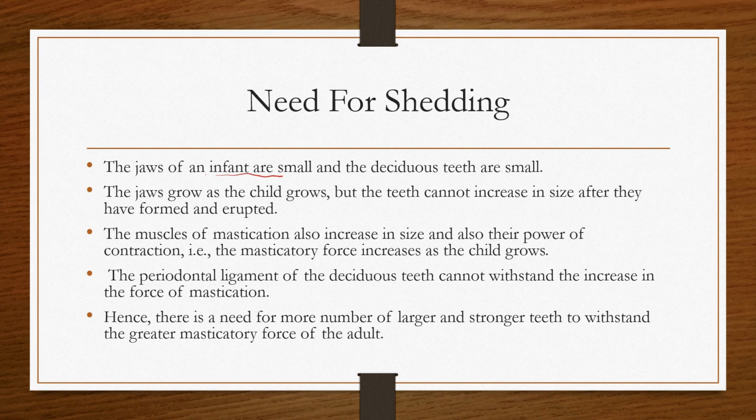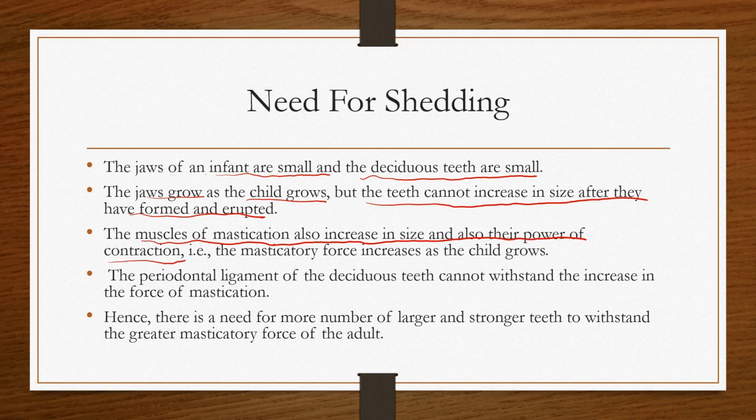The jaws of an infant are small and deciduous teeth are also small. As the child grows, the jaw grows. And as the jaw grows, teeth can't increase in size after they have formed and erupted. So there can be no change in your teeth. Then what will happen? The muscles of mastication also increase in size and the power of contraction, that is the masticatory force, increases as the child grows.